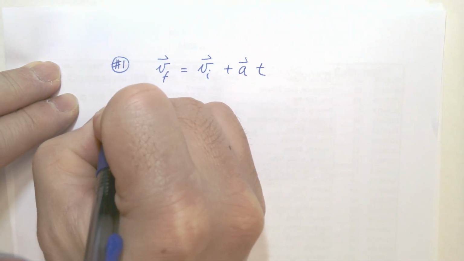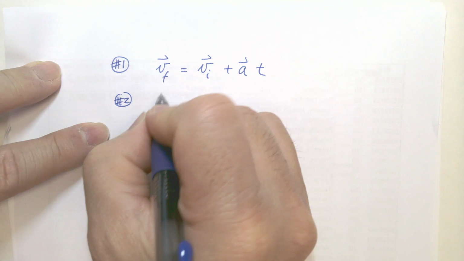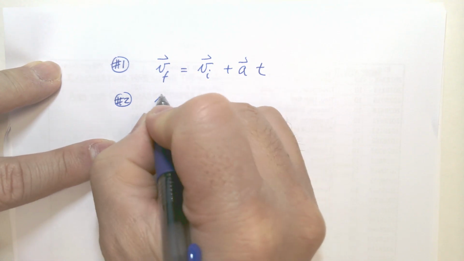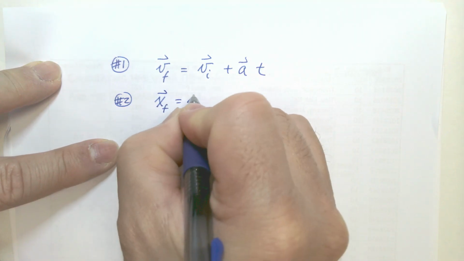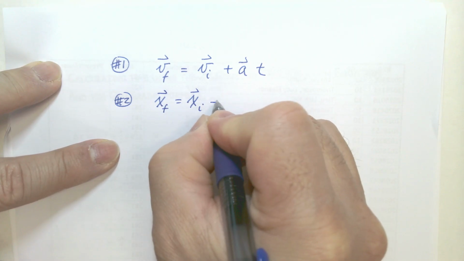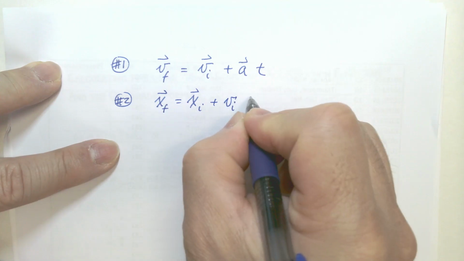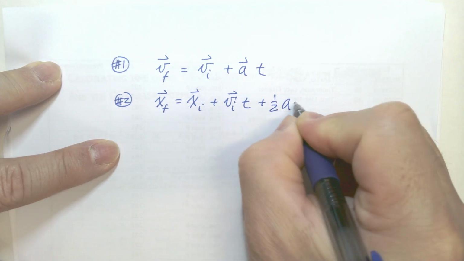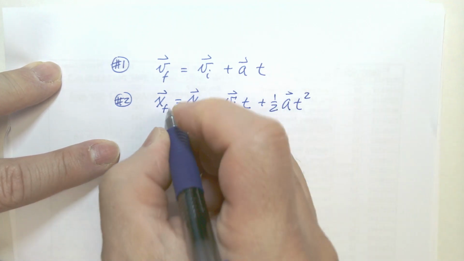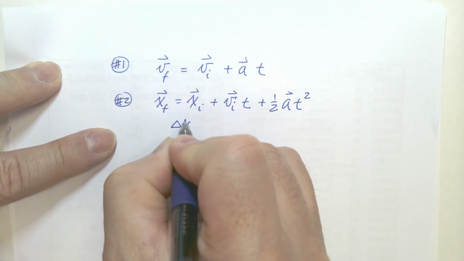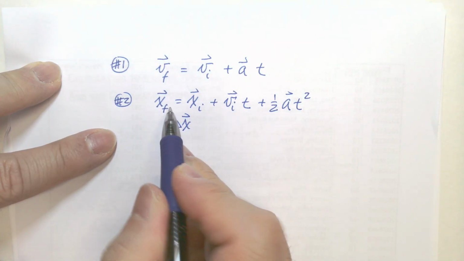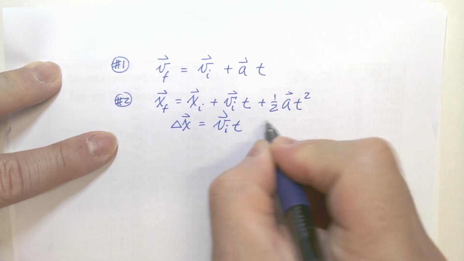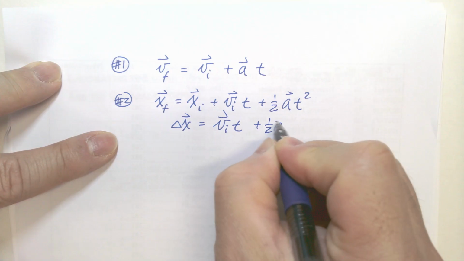Equation number 2 you could do 2 ways: X final equals X initial plus VI times time plus 1/2 A times T squared, or simply delta X, if you bring this to the other side, equals VIT plus 1/2 AT squared.